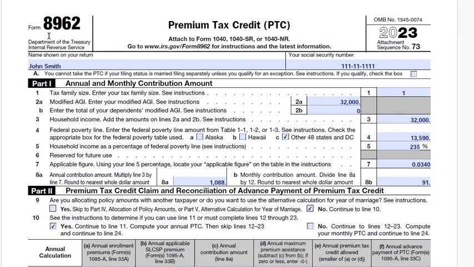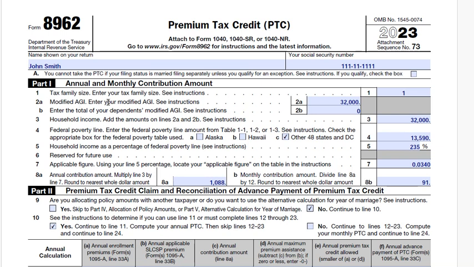So back at Form 8962, line 1 says family size. We have a single filer of just one person. And then on line 2a, we need to calculate what's called the modified AGI, or adjusted gross income.